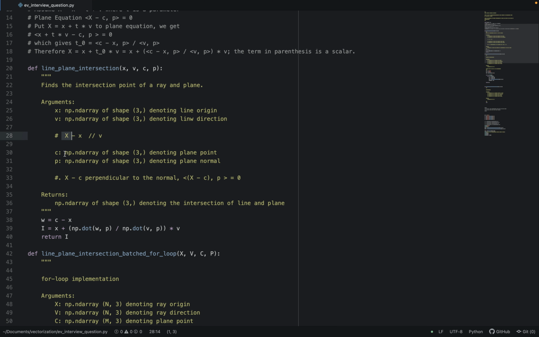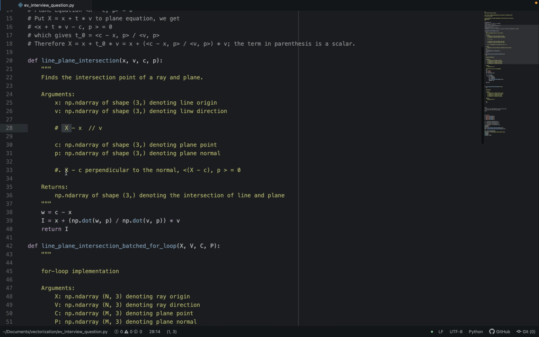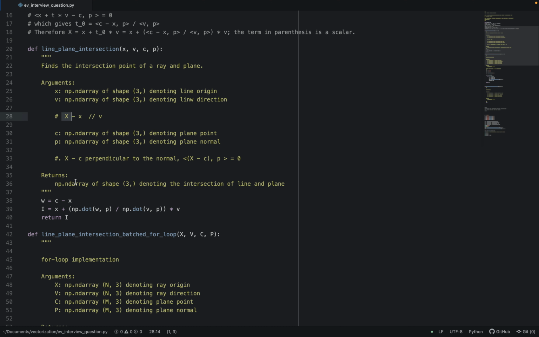C is also a three-dimensional vector, a point in the plane, and P is the normal direction of the plane. So the plane equation can be written like this: X is a generic point in the plane, minus this point in the plane, that is C, then the inner product with the normal direction P is 0, right? The return is the coordinate of the intersection point.